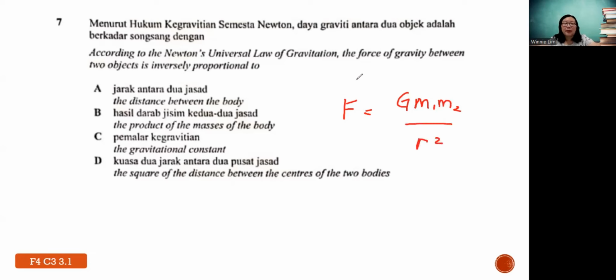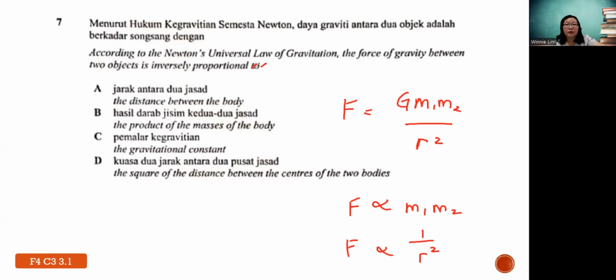So they ask, what is the relationship? From this law, the force is directly proportional to the two masses, but inversely proportional to the distance. This R refers to the distance between the two objects, the square of R.